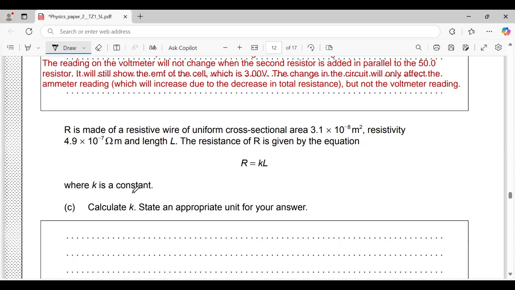Calculate K, the constant number. State an appropriate unit for your answer.